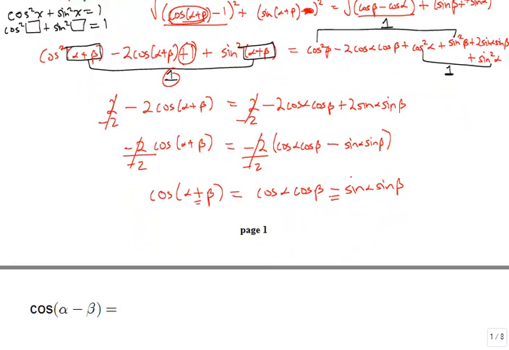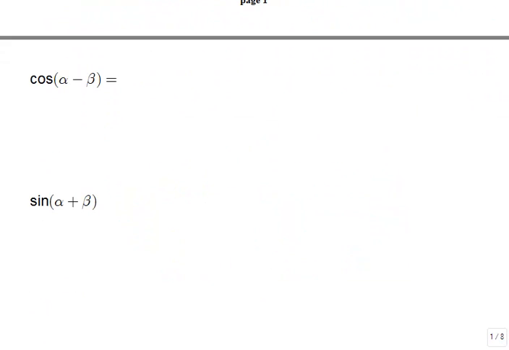So the sine that's right here is opposite the sine that's over here. So on the next page, you'll see, we'll write down the conclusion here. So for cosine of alpha plus beta, what we just came up with was that this was cosine of alpha cosine of beta minus sine of alpha sine of beta.